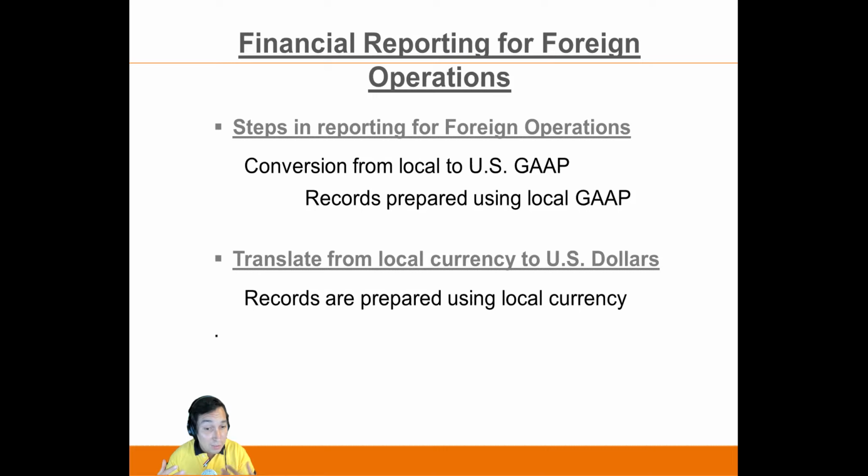Records are prepared using local currencies, like in the example of the Mexican company, where all its accounting database is in pesos. So I would have to translate them into US dollars. This is just an overview of some of the challenges that you will have with foreign direct investment.